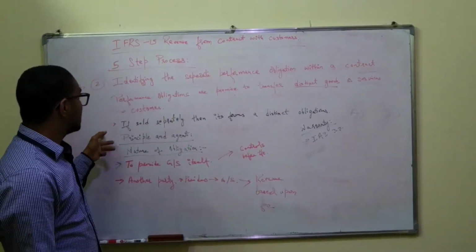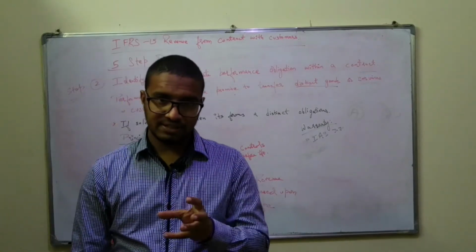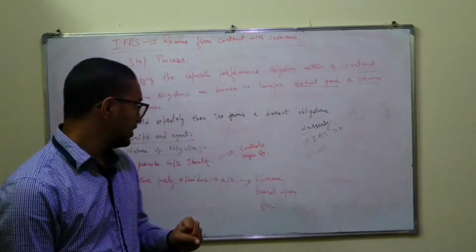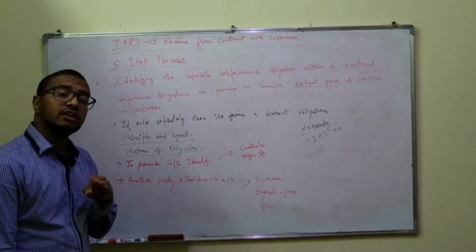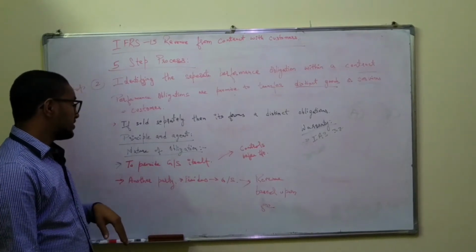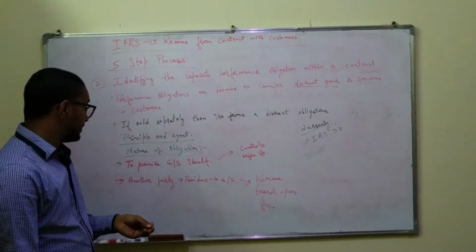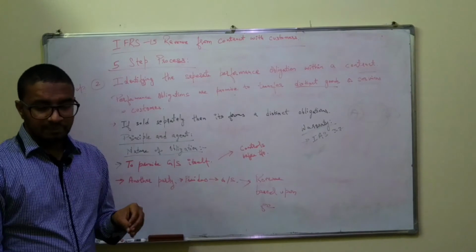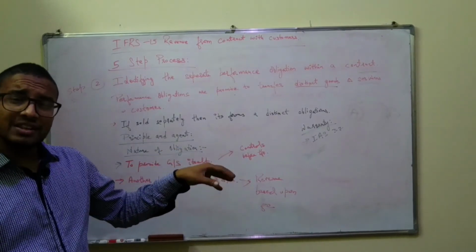And then in this performance obligation, there is a principal and agent concept as well, where we have to define the nature of the obligation: whether it is the principal or the agent. So who is a principal? The person who provides the goods or services itself.